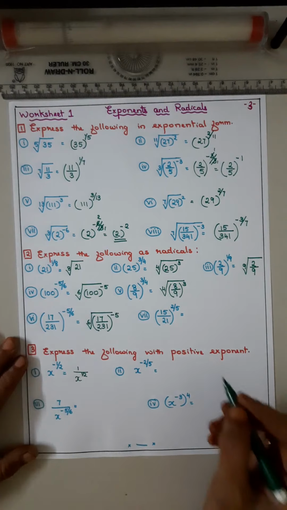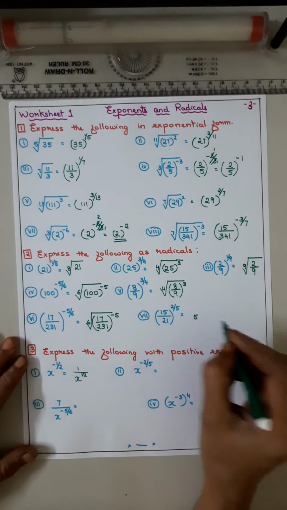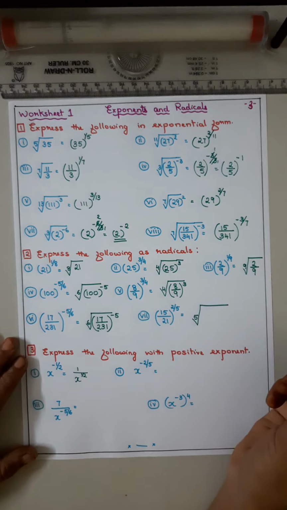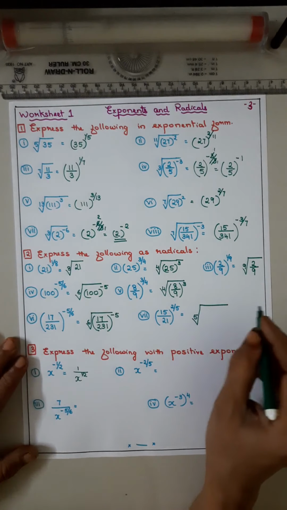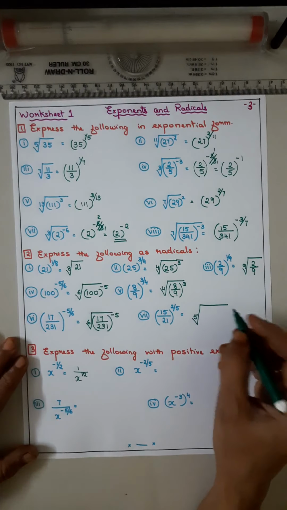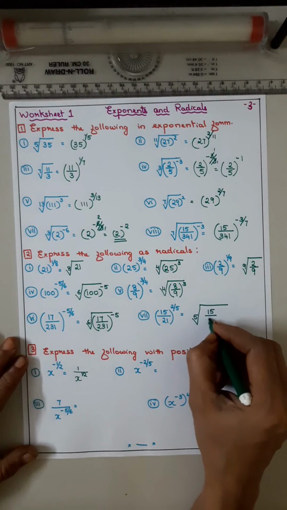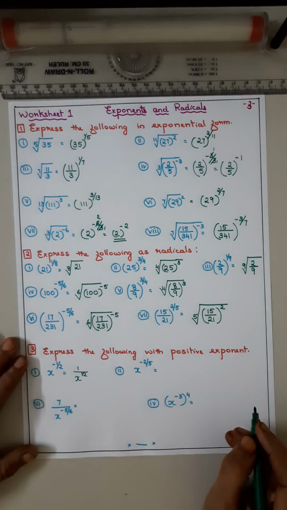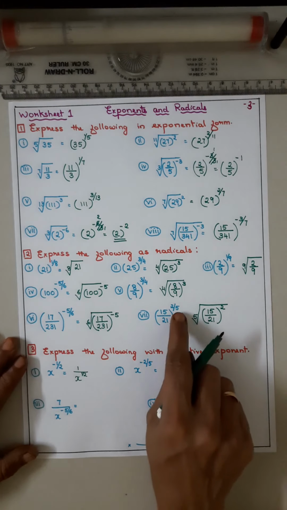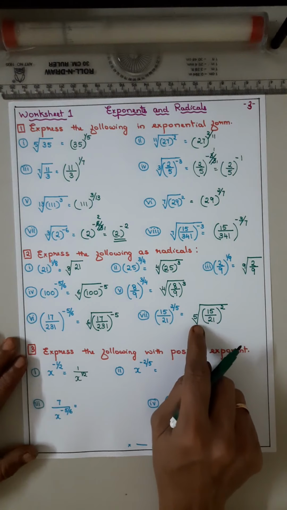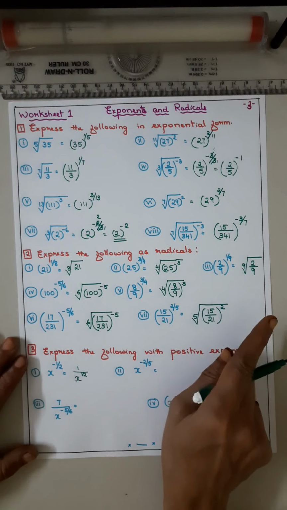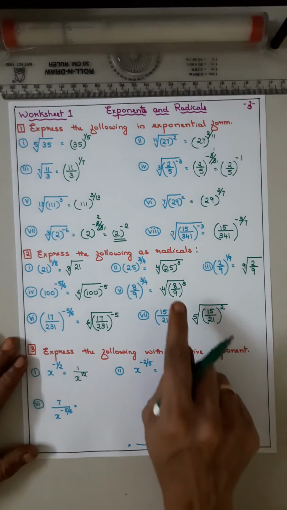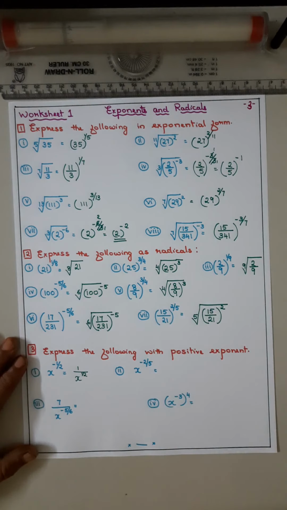Now the 7th sum, index is 5, the whole power, the 5th root of 15 by 21, the whole power 2. Are you understanding? So the denominator of the power, write it outside, put the radical sign, then write the base and the numerator of the power. So it is the 5th root of 15 by 21, the whole power 2.